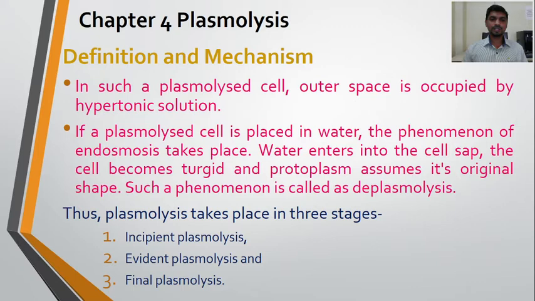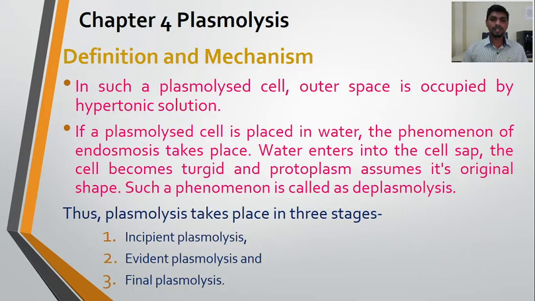Plasmolysis takes place in three stages: incipient plasmolysis, evident plasmolysis, and final plasmolysis. These are the three stages of plasmolysis where the protoplasm shrinks or contracts more and more due to exoosmosis.